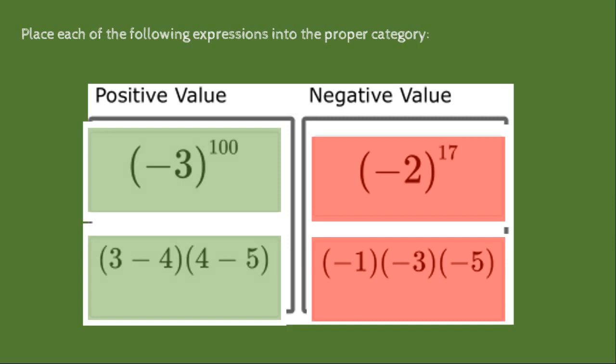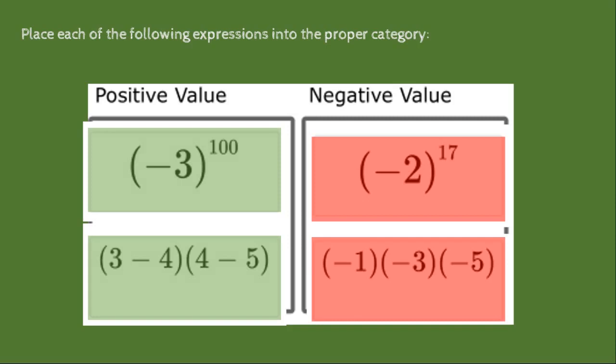Negative times a negative is positive. So if the exponent is even, then the value will be positive. Now if we look at the negative value, -2 with an exponent of 17, 17 is an odd number. So in this case, an odd number will always give you a negative value.